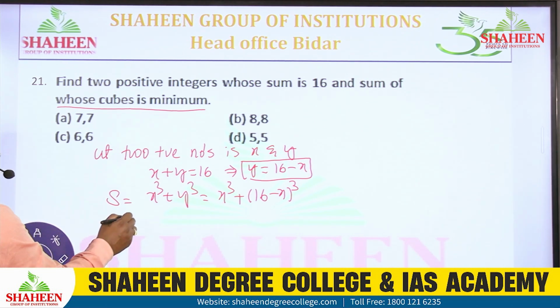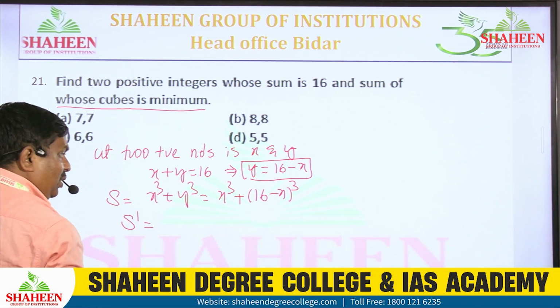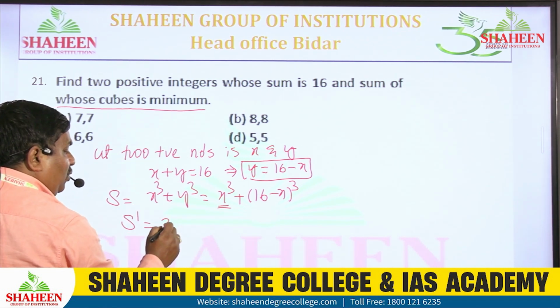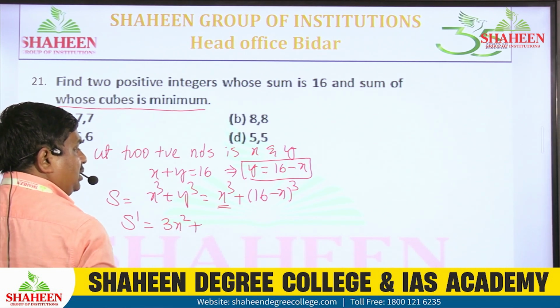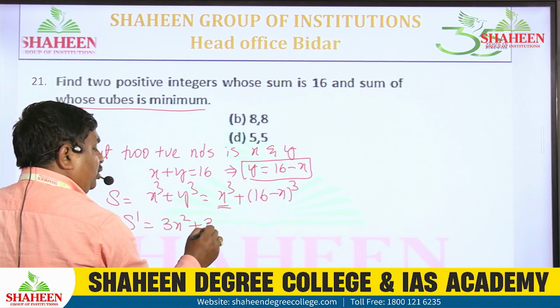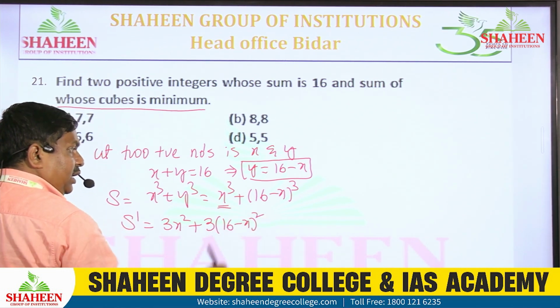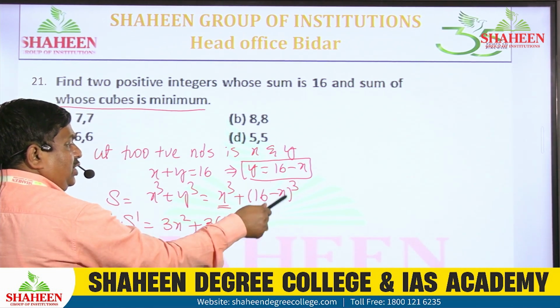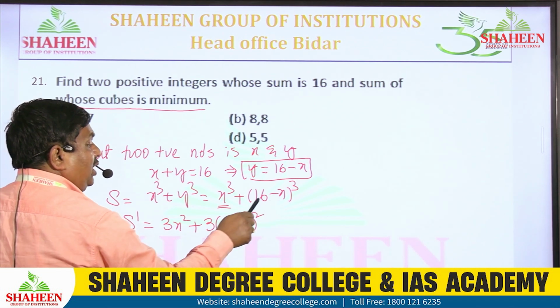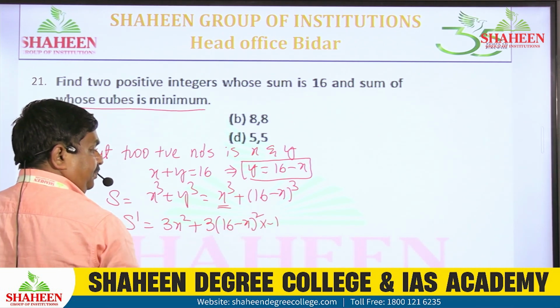Let us differentiate this. S dash equals x cube derivative, 3x square, plus power 3 derivative, 3 into 16 minus x whole square, and the derivative of 16 minus x is minus 1.